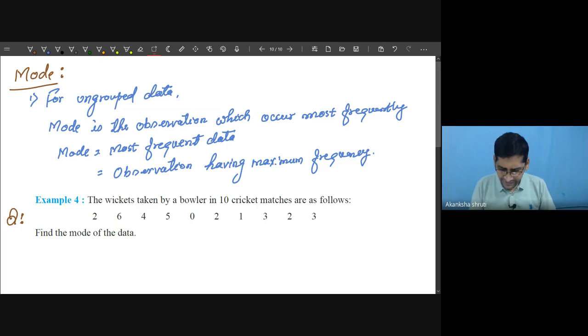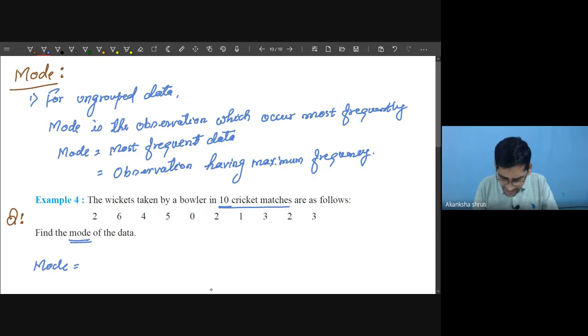It is given that the wickets taken by the bowler in 10 cricket matches are as follows. Find the mode. The wickets taken are given here.